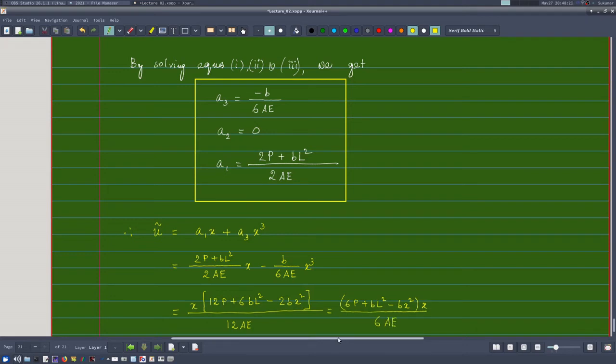And this is exactly same as the original analytical solution we have got earlier. So since we have already got the true analytical solution from that cubic approximate solution, there is no point in further increasing the order of the approximate solution polynomial. All right.